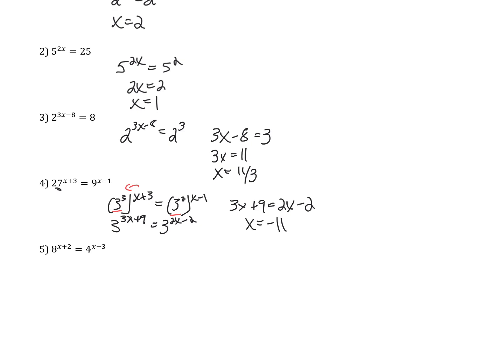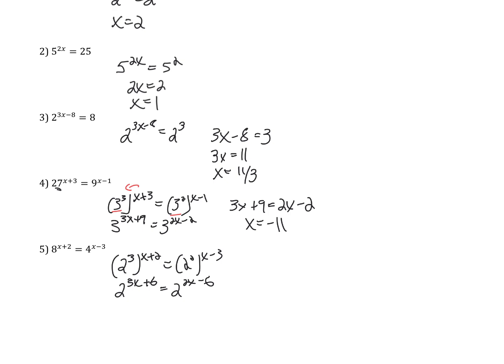So I'm going to rewrite 8 to the x plus 2 as 2 cubed to the x plus 2. And I'm going to rewrite 4 as 2 squared to the x minus 3, and I'm going to distribute. So we get 2 to the 3x plus 6 equals 2 to the 2x minus 6. Again, remembering to distribute. Probably the number one mistake is forgetting to distribute.